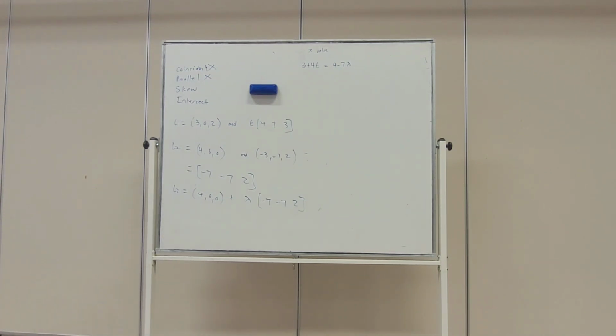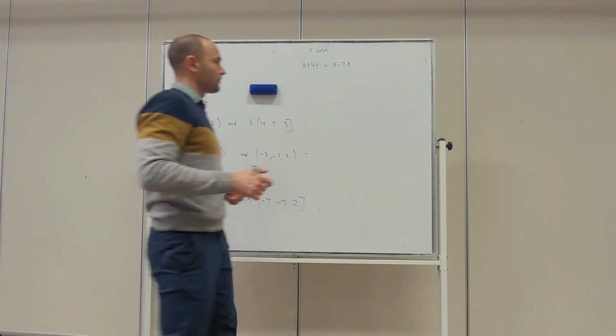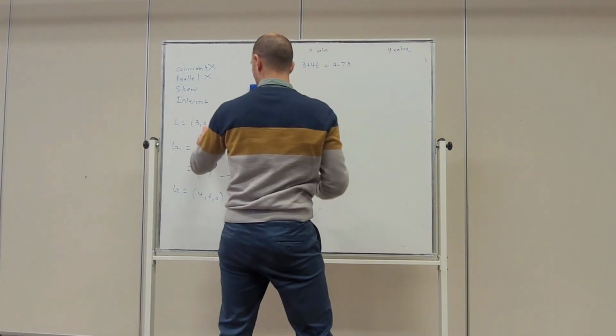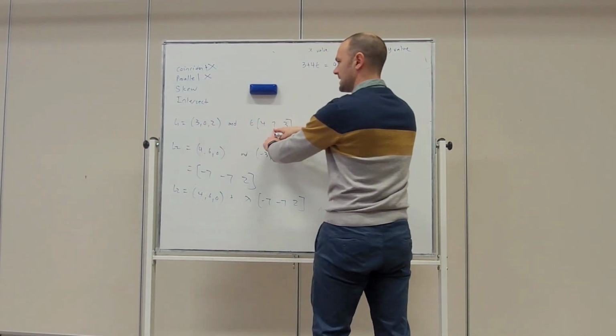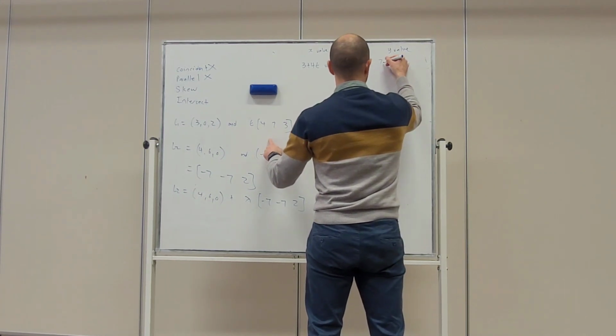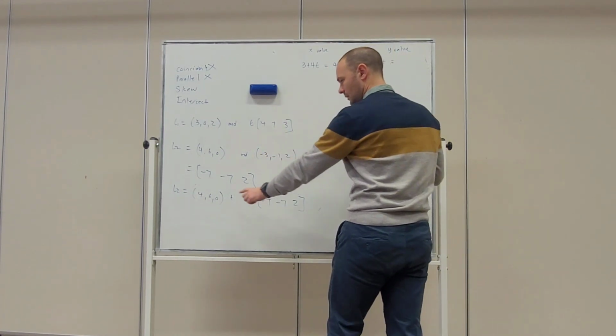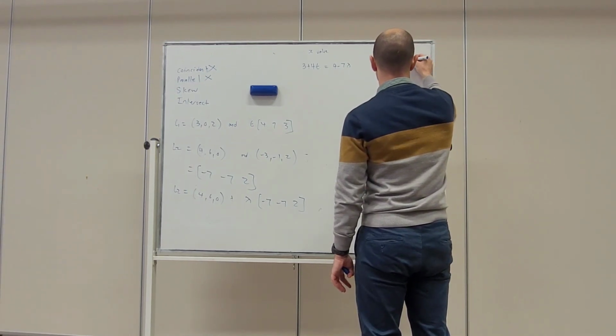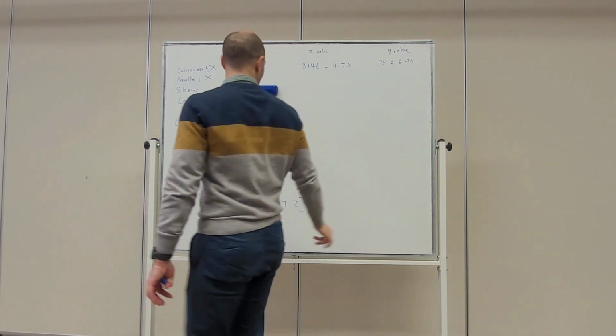Okay, that's the x value. Let's do the y value, we'll equate the y value as well. So we'll have 0 and 7t for line 1, and we'll have 6 and -7 lambda for the y value.